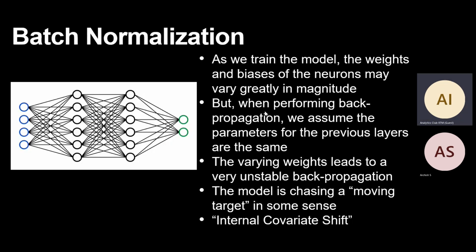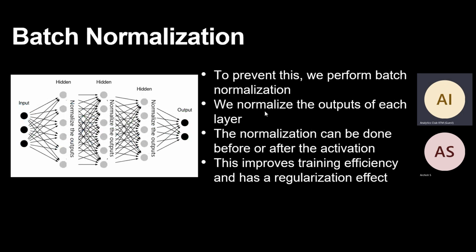So how do you reduce this? This phenomenon is called internal covariate shift. You reduce this by doing something called batch normalization. What you do is you normalize the outputs from each neuron after every layer of neurons. Normalization, as you might know, is where you subtract the mean and divide by the standard deviation. Even when your input data is largely varying in magnitude, when you normalize it, they all come closer together.